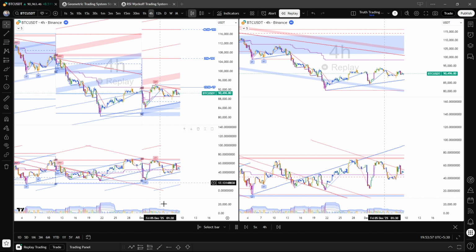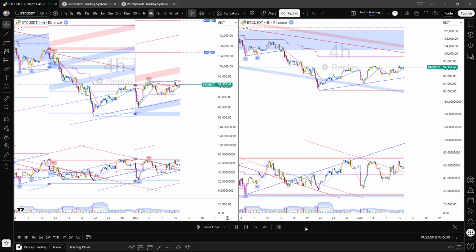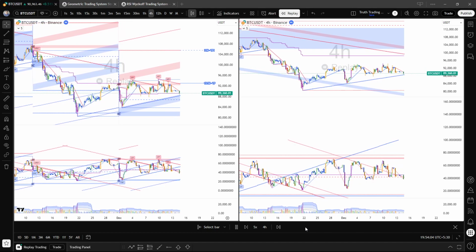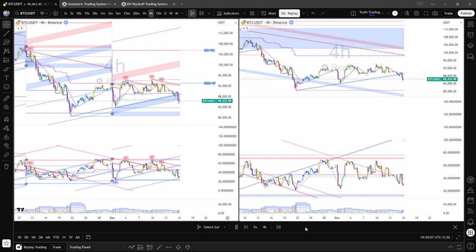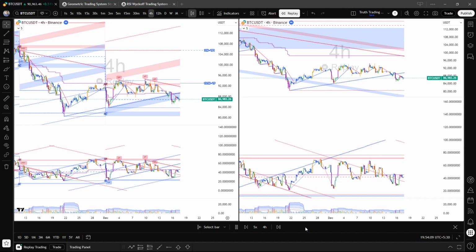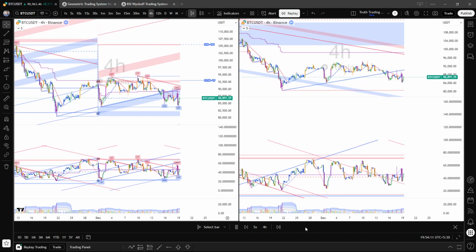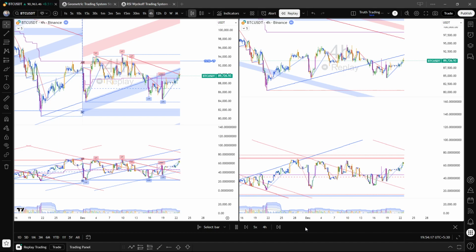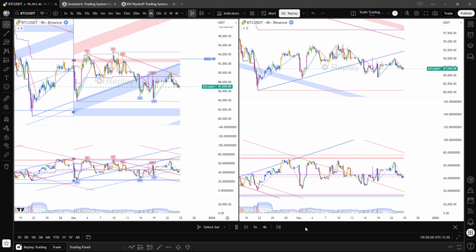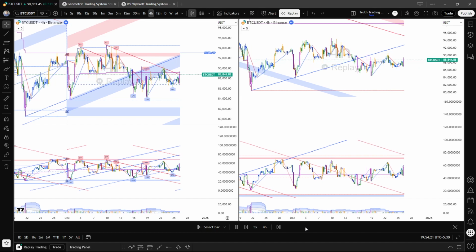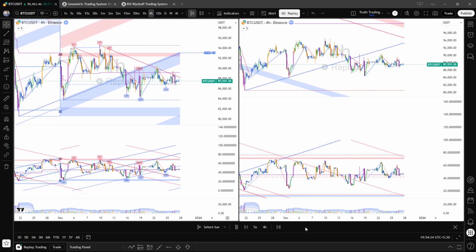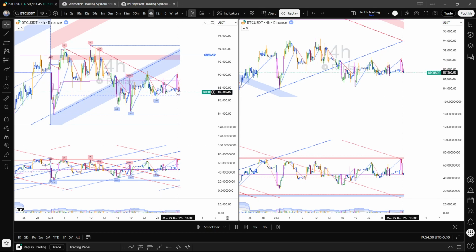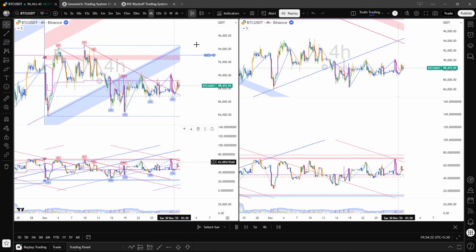Okay, observe here. So as soon as it overcomes that resistance over there, we can enter long. See, on the pullback, we can enter long there.